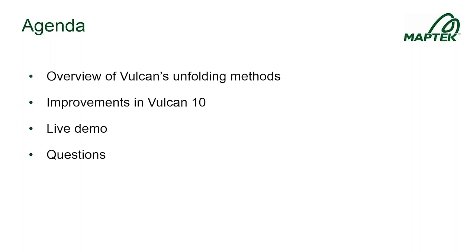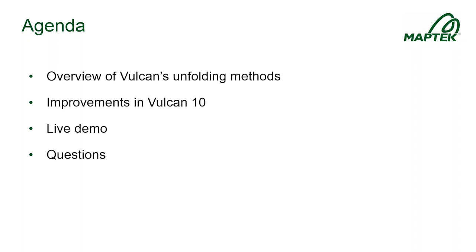This is a training webinar, so I'm going to spend a bit more time actually explaining the different options and functions, but this is a really complex topic, and 30 minutes is really not enough time to give more than just a cursory overview, really appealing to your intuition, not a deep understanding of the topic. However, if you're interested, you should check the training calendar or contact your local Maptek office for more details.